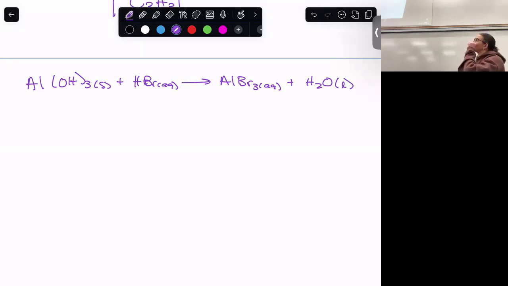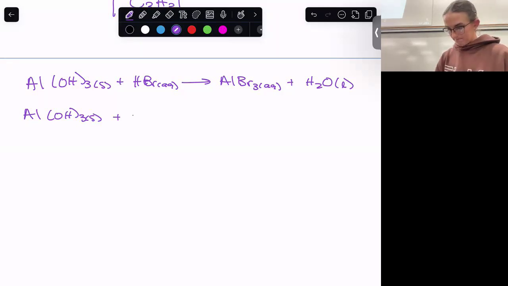Right, the only thing you can break up in your net ionic equation are aqueous solutions. So when we're looking at aluminum hydroxide, can we break that up? No, right? This has to stay as Al(OH)3 solid. That would go in the first box. What can you do to HBr? Right, those are aqueous.